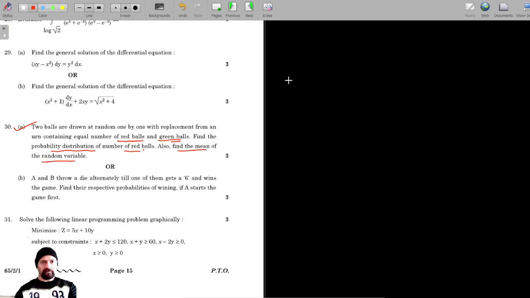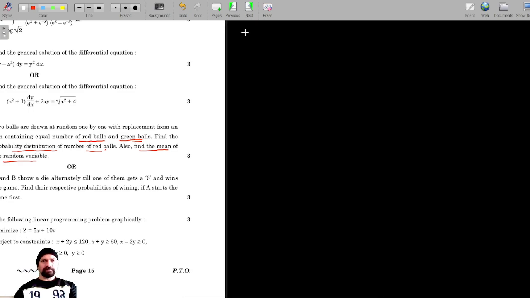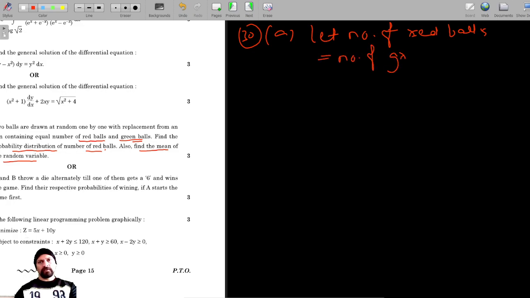So there are equal numbers of red and green balls. This is question number 30, part A. Let's say the number of red balls is equal to the number of green balls, and call it x.